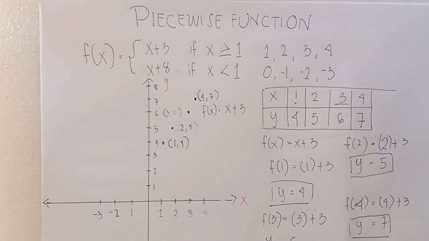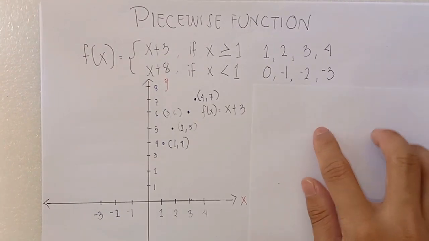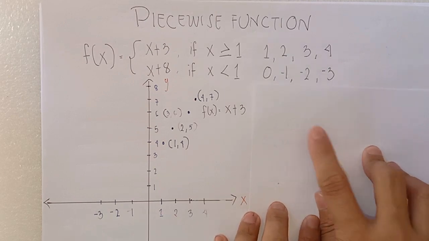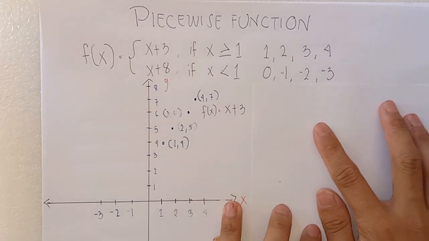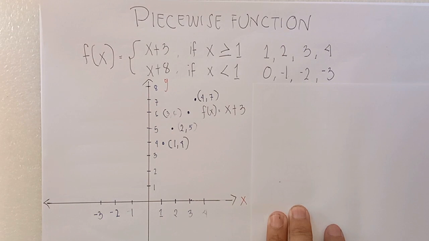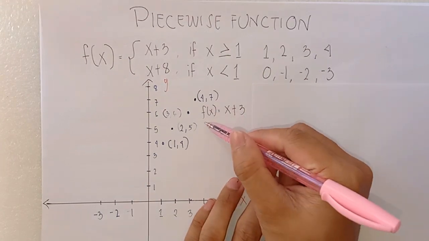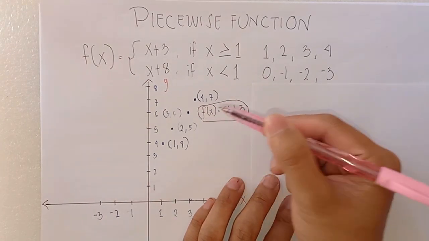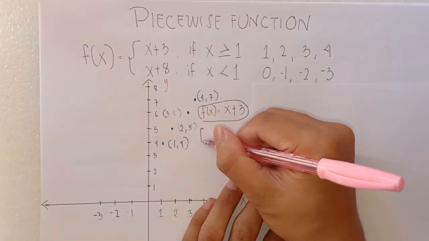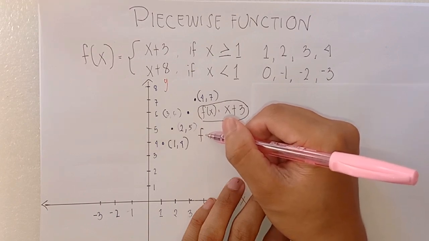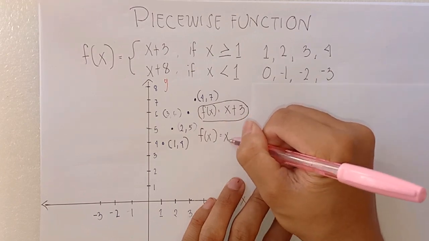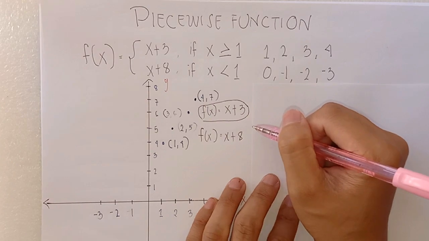So now let's compute for the graph of x plus 8. Just like what we did for the function x plus 3, let's first make a t-table for x and y. Disregard the previous function because we are done computing with it. So f of x, which is x plus 8, is the next function.